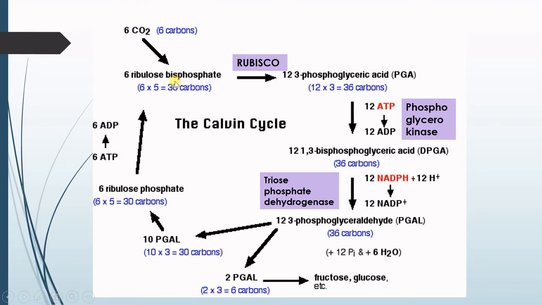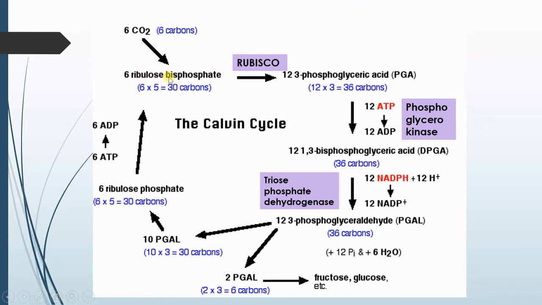RuBP is nothing but a 5-carbon sugar, a pentose sugar with 2 phosphate groups. Bisphosphate means 2 phosphate groups on both sides. So ribulose bisphosphate, RuBP, is a pentose sugar with 2 phosphate groups on both sides. It is a 5-carbon compound. So 6 molecules of 5-carbon compounds are there. These 6 molecules of RuBP accept 6 molecules of carbon dioxide.